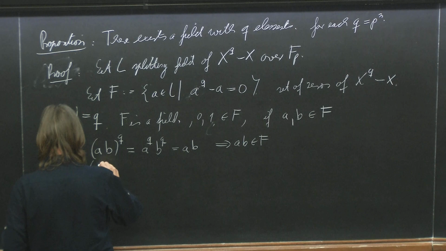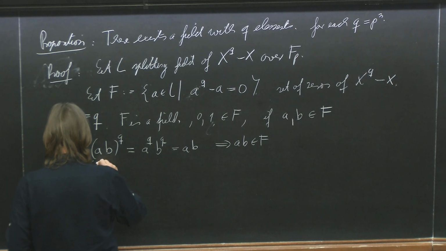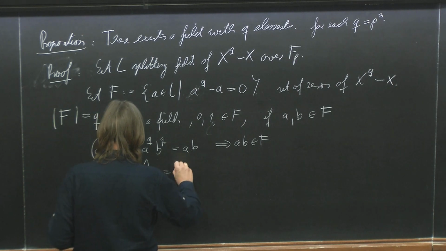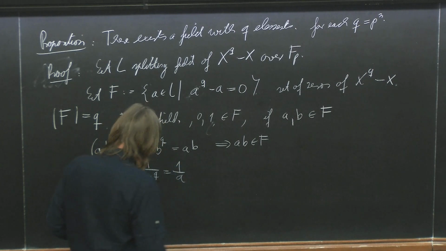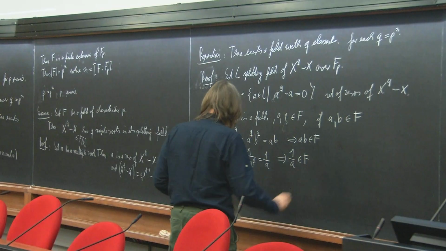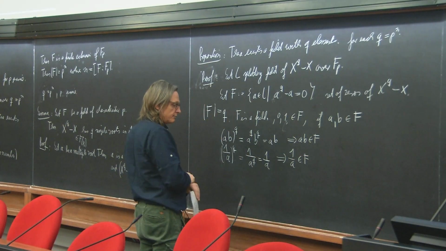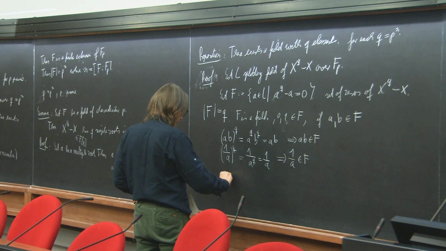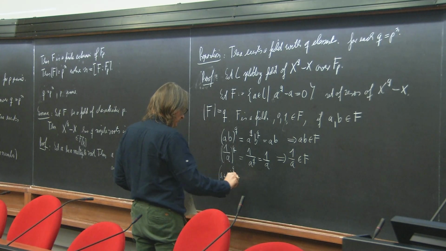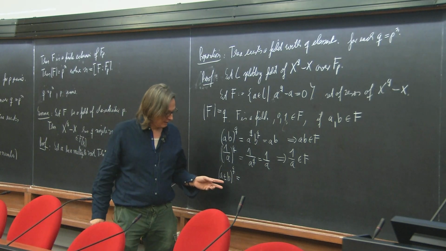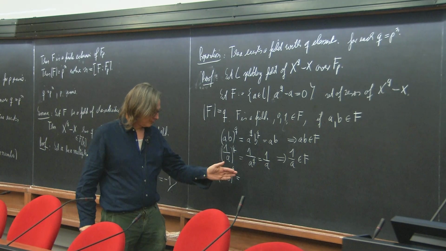Same if I take the inverses. So 1 over A to the q is equal to 1 over A to the q, which is equal to 1 over A. That means 1 over A is in F. And also if we take the sum or the difference of two elements, A plus minus B to the q, normally we would compute this by the binomial formulas with all these binomial coefficients.